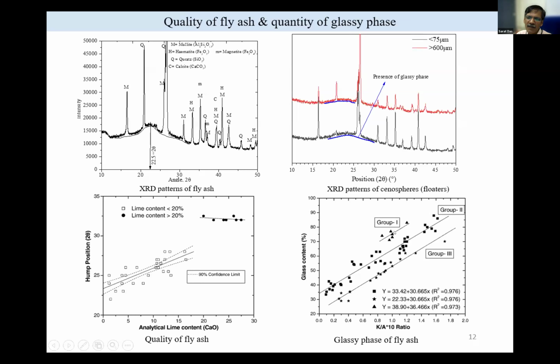Depending upon the type of industry, I mean the efficiency of the plant, based on a ratio, that is potassium and aluminum, we can predict the amount of glass content in a fly ash. So this will define the type of glass or the fly ash it is. Accordingly, people will be more interested to buy it.